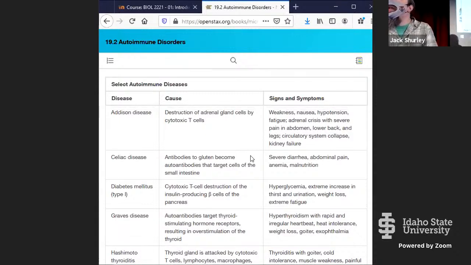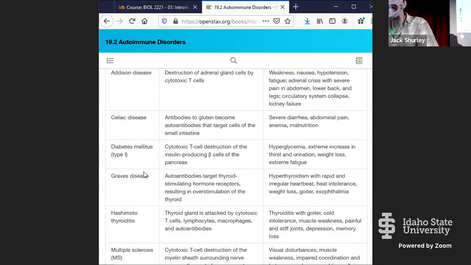Not that the others aren't worthy, all right? But those are really the ones I'd focus more on. And it's more, do you know, okay, here's the disease. What's it do? It destroys the adrenal gland and some of the issues, just briefly, weakness or fatigue, something like that. Then move on, all right? So that's the idea.